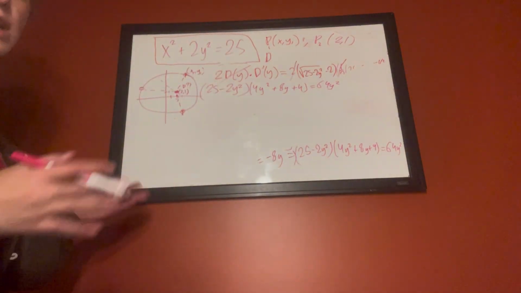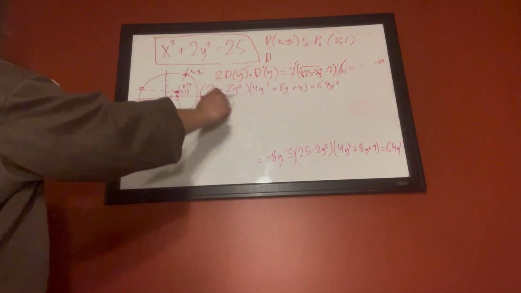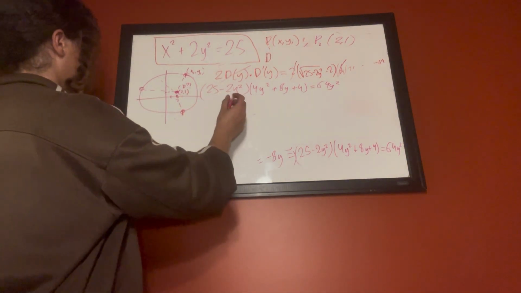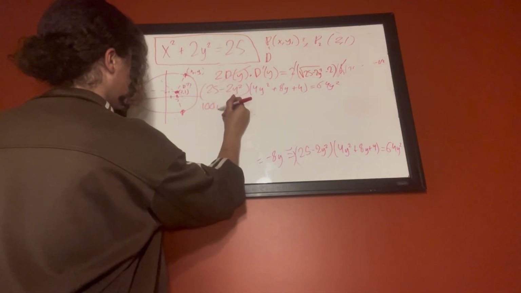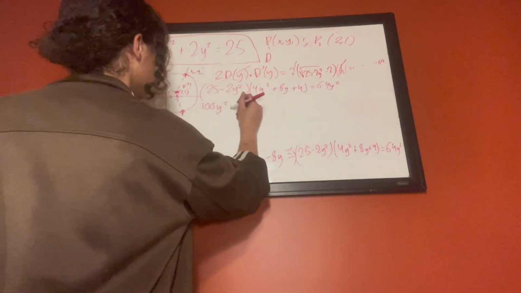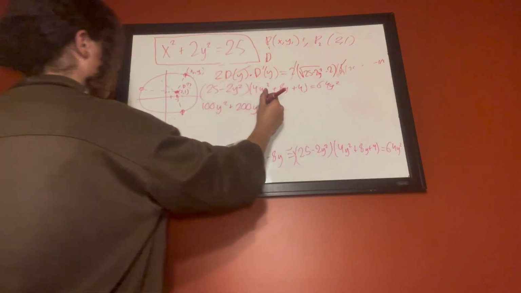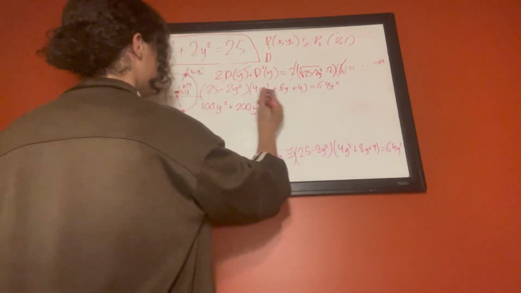Okay, and what can I do now to manipulate? What I'm going to do is I'm going to expand. So I have 25 times 4, that's 100y squared. 25 times 8y, it's 200y, and 25 times 4, that's 100, so plus 100.